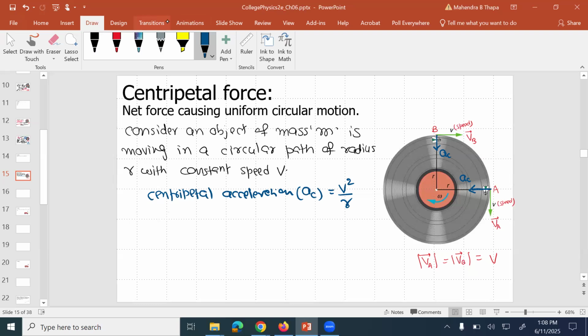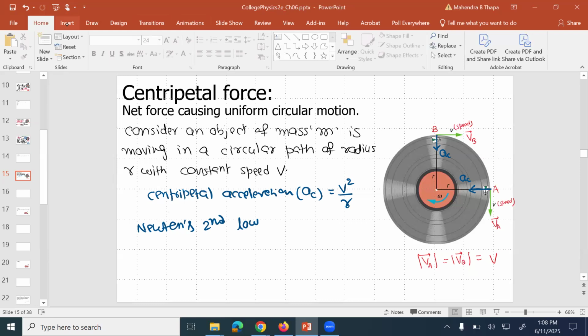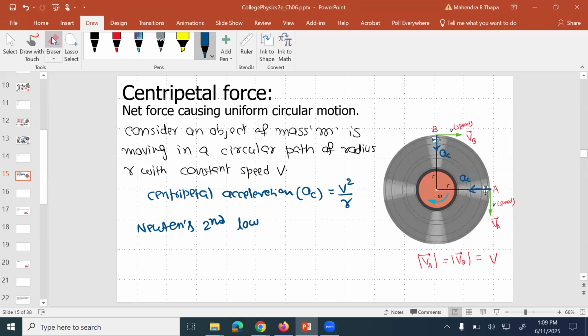So according to Newton's second law of motion, we can write, acceleration is net force over mass.